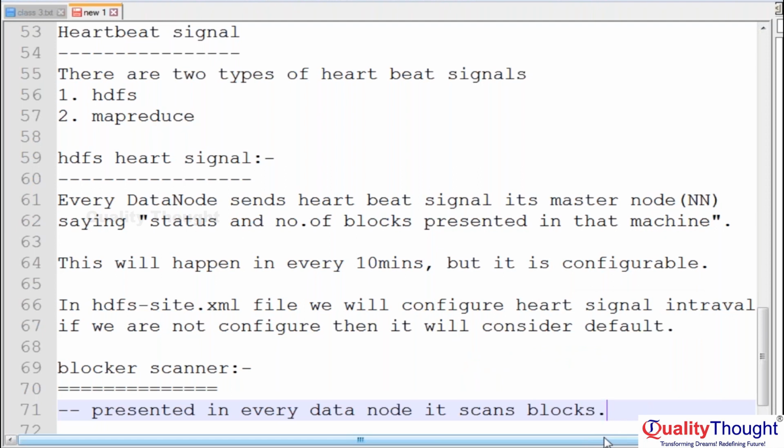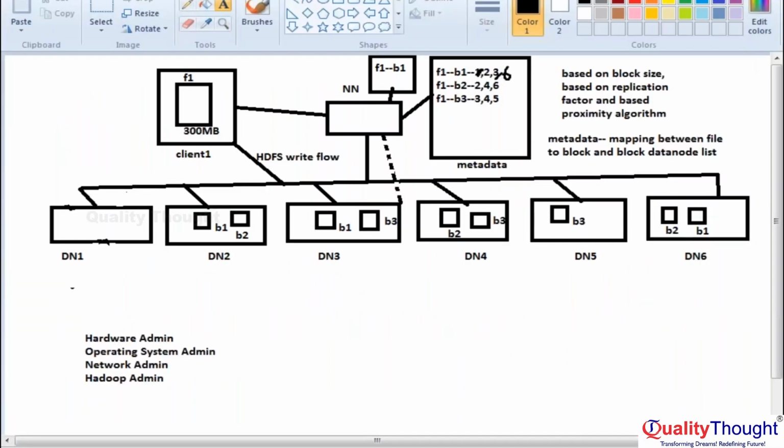So the responsibility of the block scanner is it scans blocks. There may be a chance of corruption of the hard disk. Assume this memory is corrupted, the block B1 presented in data node is corrupted. Some part is corrupted, so we can say this is not a complete block.